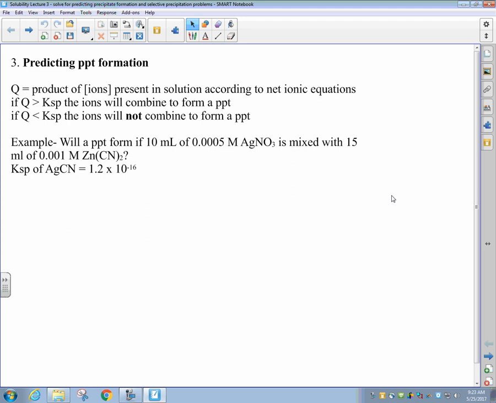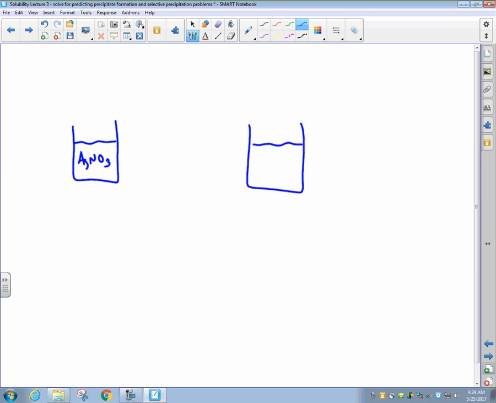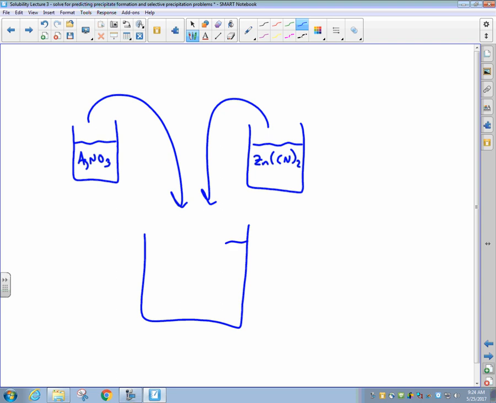Let's give you a quick sketch of what's going to happen in this problem, kind of a visualization, if you will. We have a container containing silver nitrate and a container containing zinc cyanide. We want to mix those together.